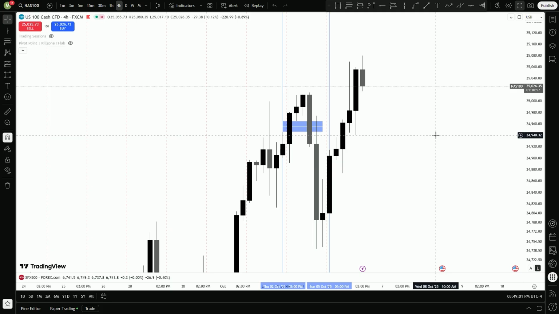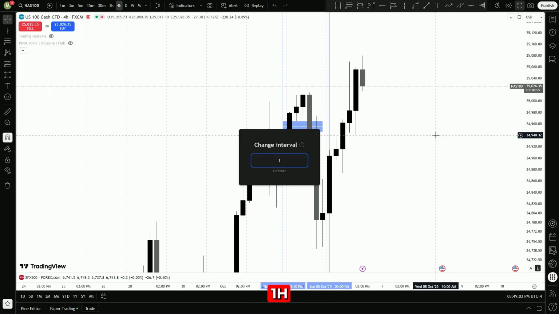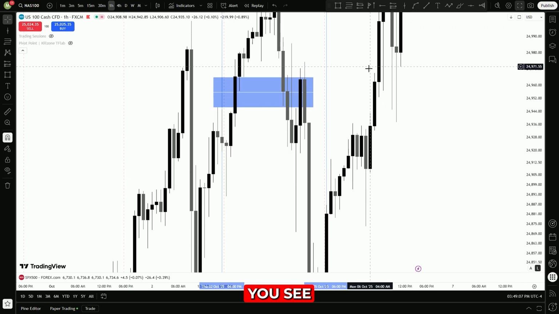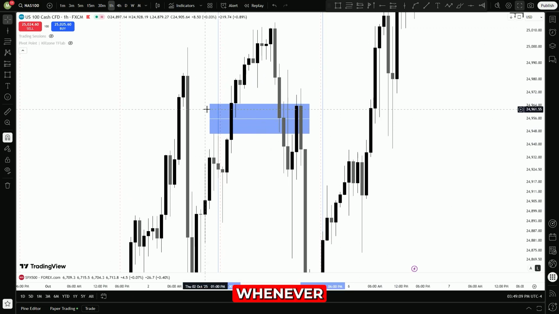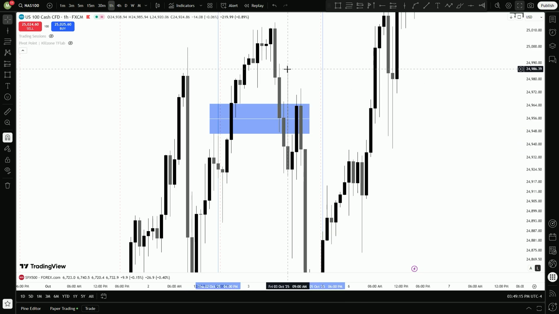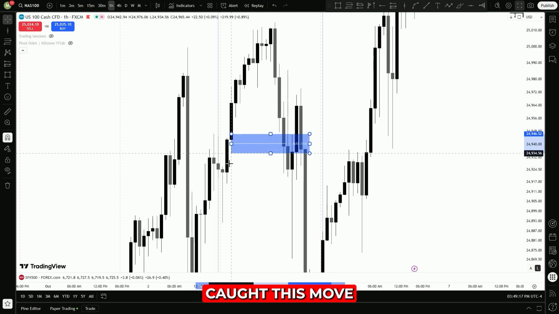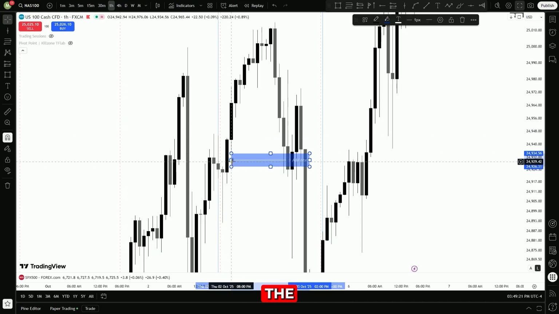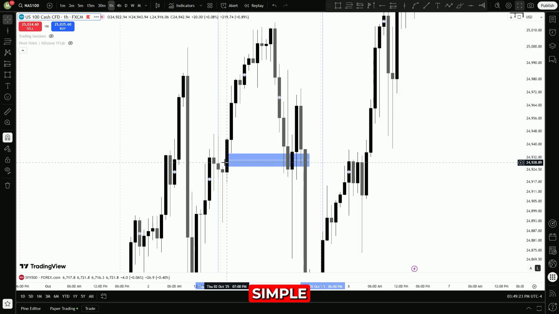Let's move toward one edge. And now you see, whenever you came to this gap fill area, you got a good reaction toward the buy side. And I caught this move, and I'm gonna explain why I caught this move. The reason is very simple and easy.